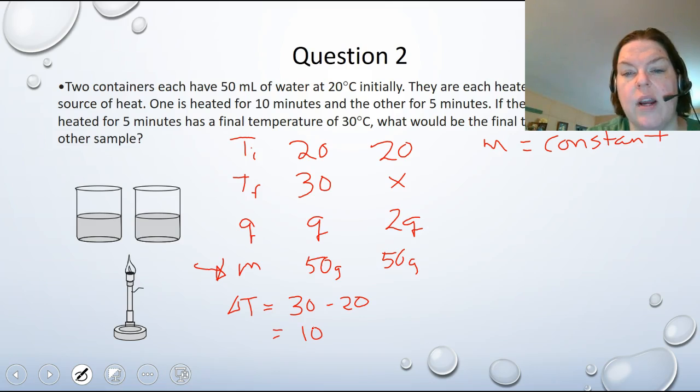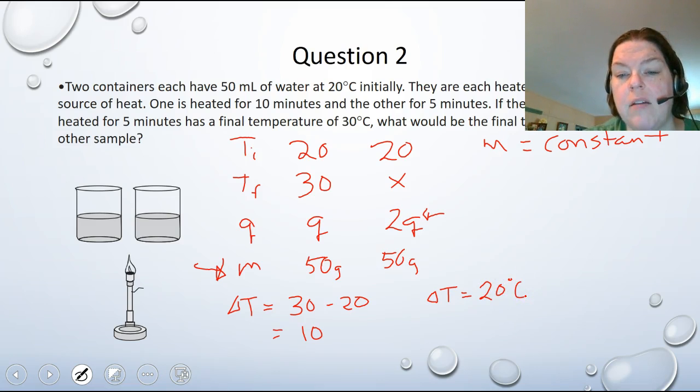I can see here that I added twice the amount of heat. Twice the amount of heat with the same mass should be twice the temperature change. So let's double that and say that the temperature change of this one would be 2 times 10, or 20 degrees Celsius. So that means 20 is equal to this x number that we don't know minus the initial, which was 20.